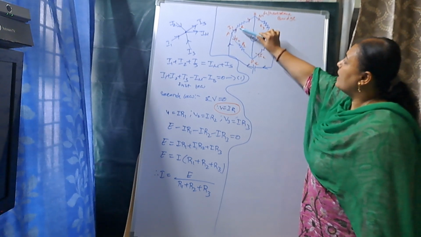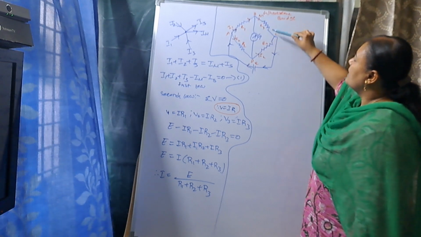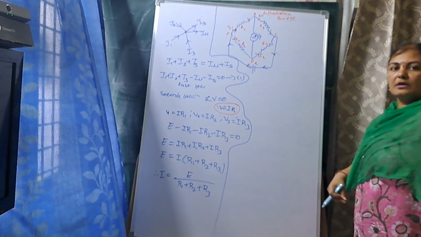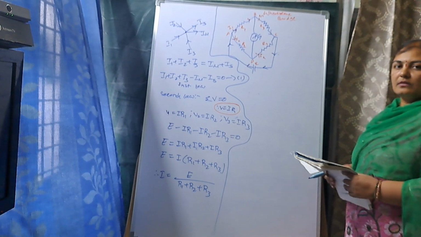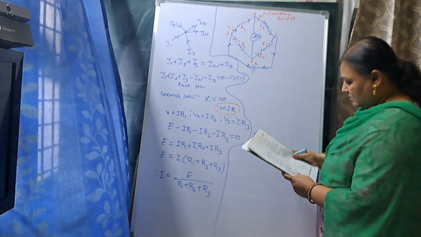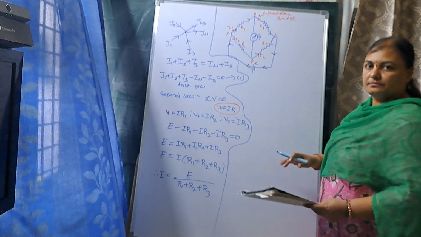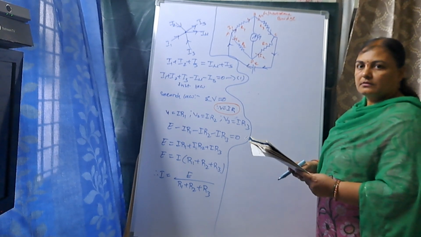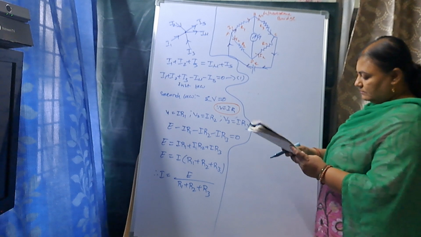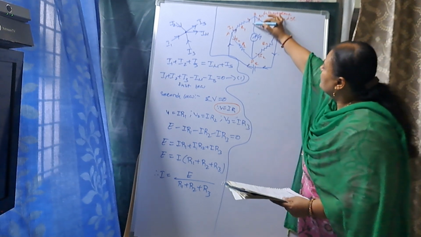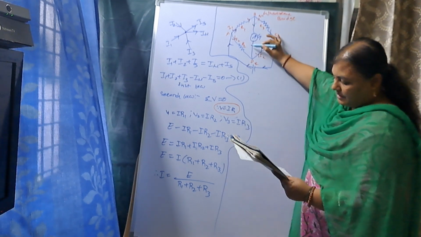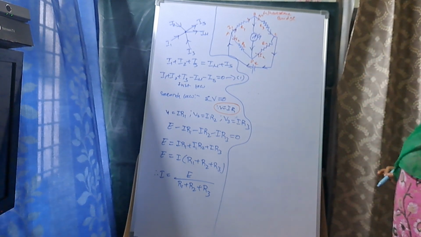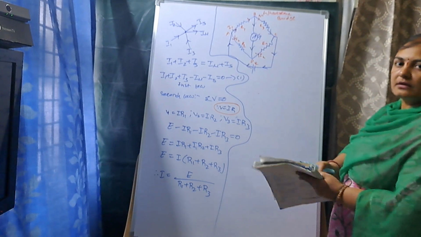Observe the arrow marks; by observing them we can conclude the directions of current. In the galvanometer also, when power is supplied, only then can it deflect. Now apply the Kirchoff laws.